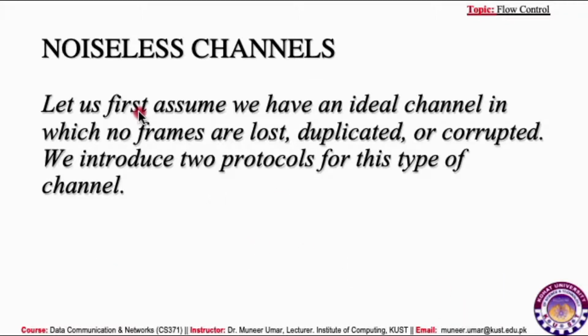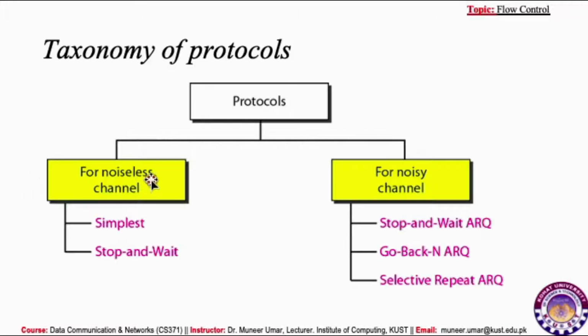By noiseless channel, we mean that the channel is an ideal channel and there is no sort of corruption. So there would be no frames lost or duplicated, and all the data sent will be transmitted successfully. In the noiseless channel, we have two protocols, the simple and stop and wait.